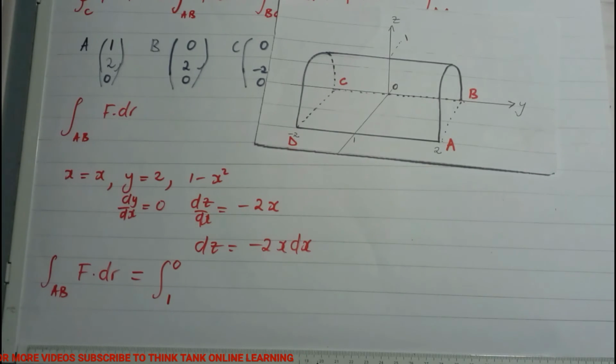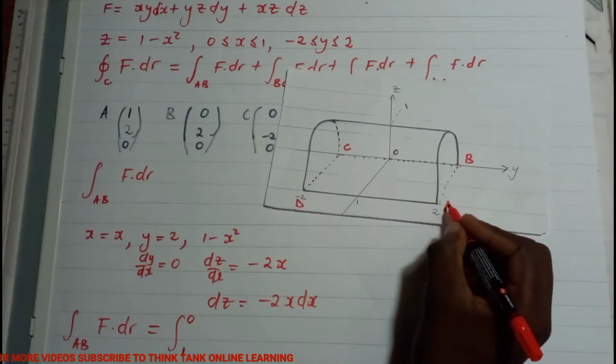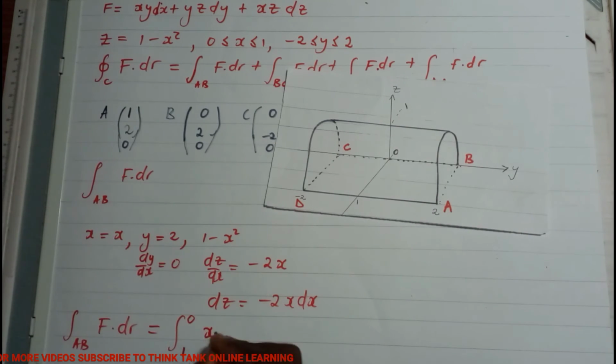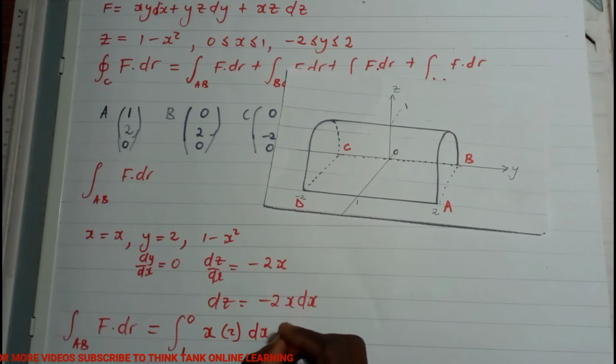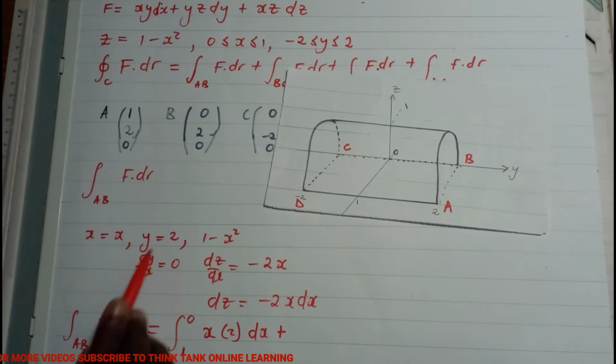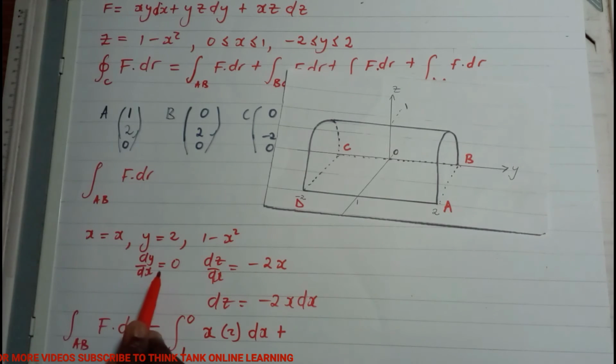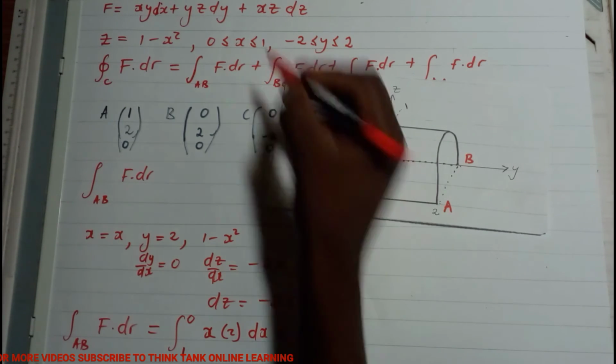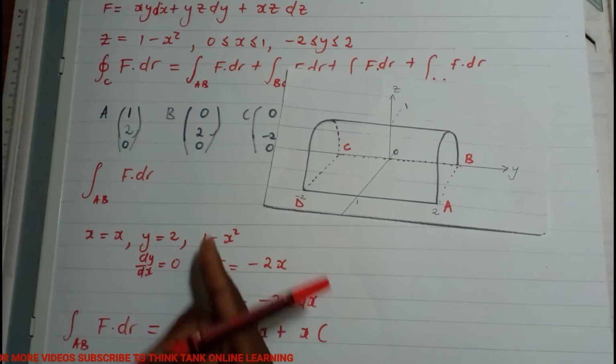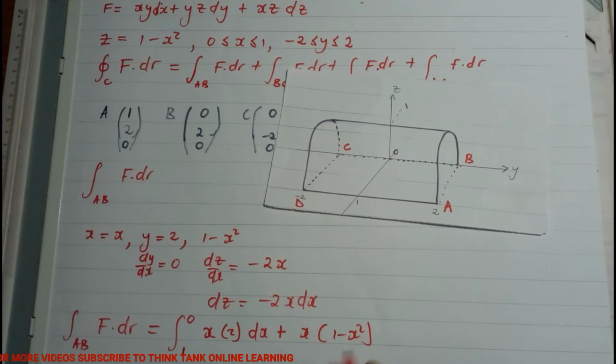Then we have x times y, where y is 2, dx, plus y times z, where z is 1 minus x squared, and since dy is 0 this term is 0. Then for x times z, that's x times 1 minus x squared, and dz is -2x dx.